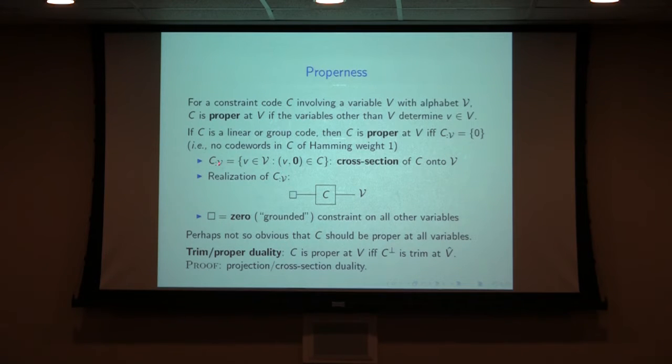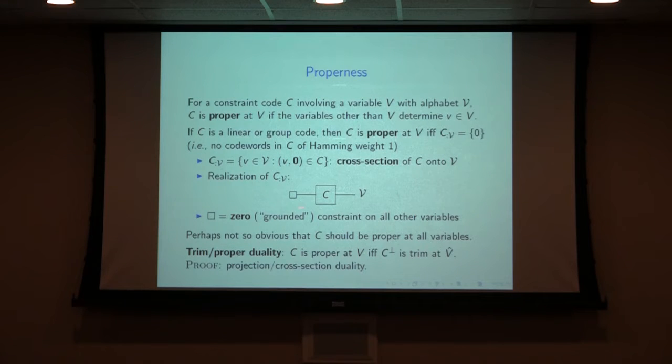So that's a sub-alphabet of V. And so the cross-section has to be trivial, meaning there's no code word of C with Hamming weight 1 in that place. All the other variables are 0 and that one's not 0.